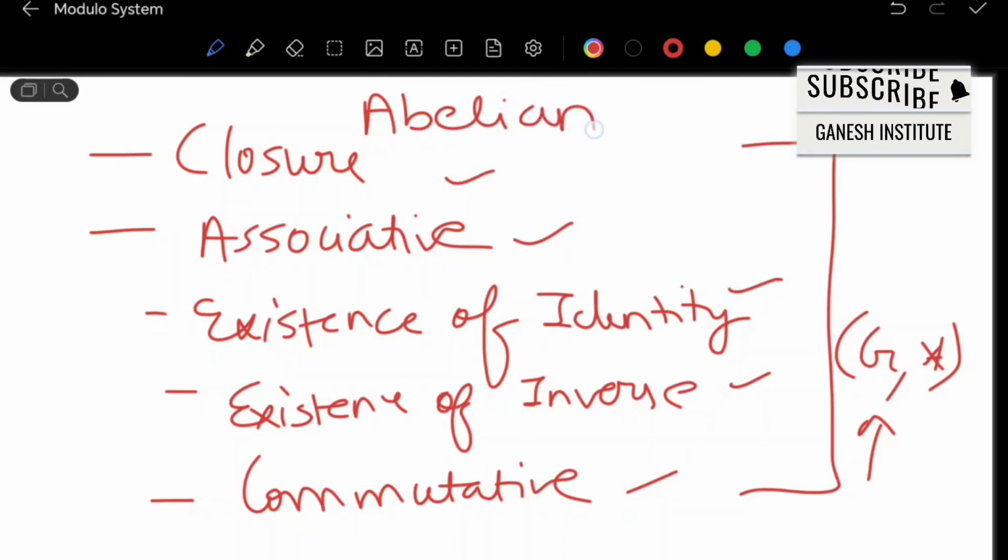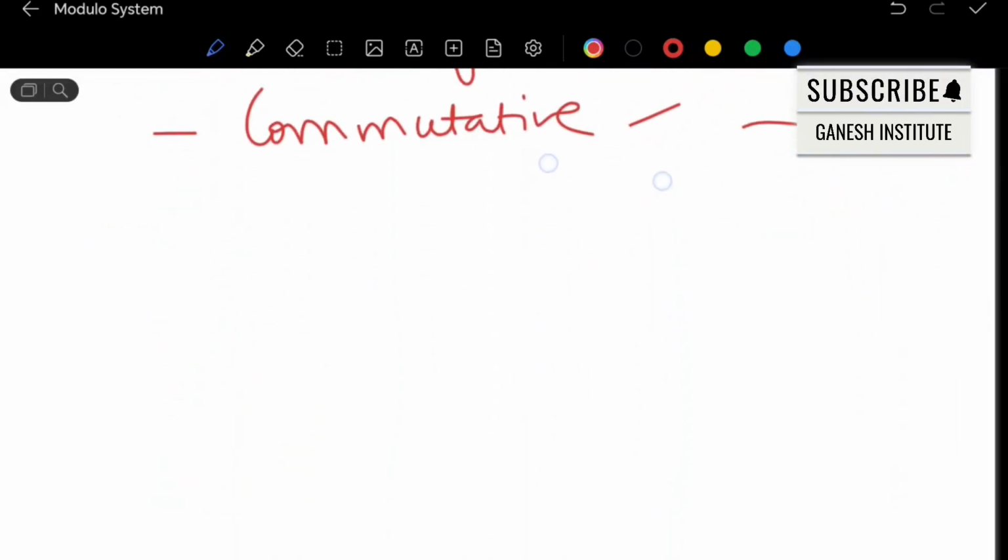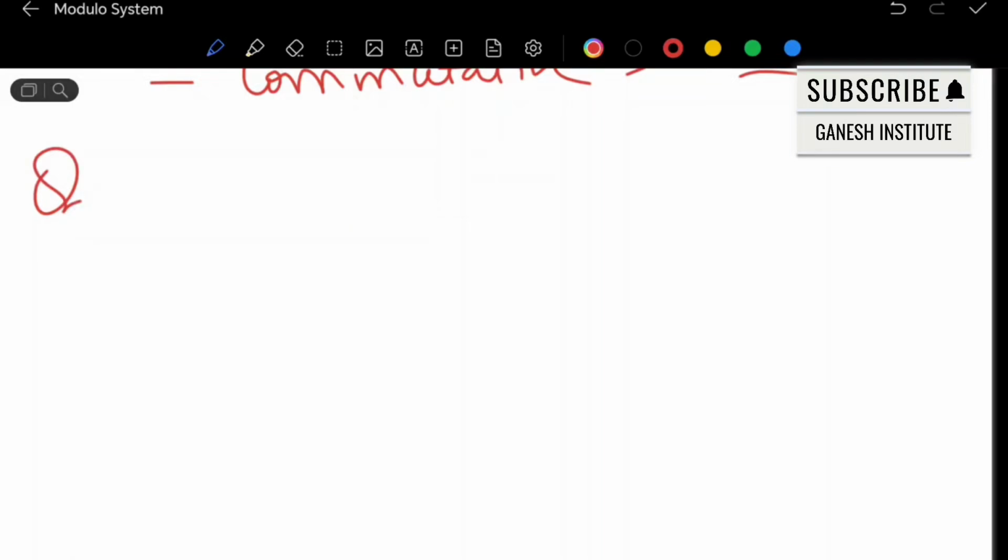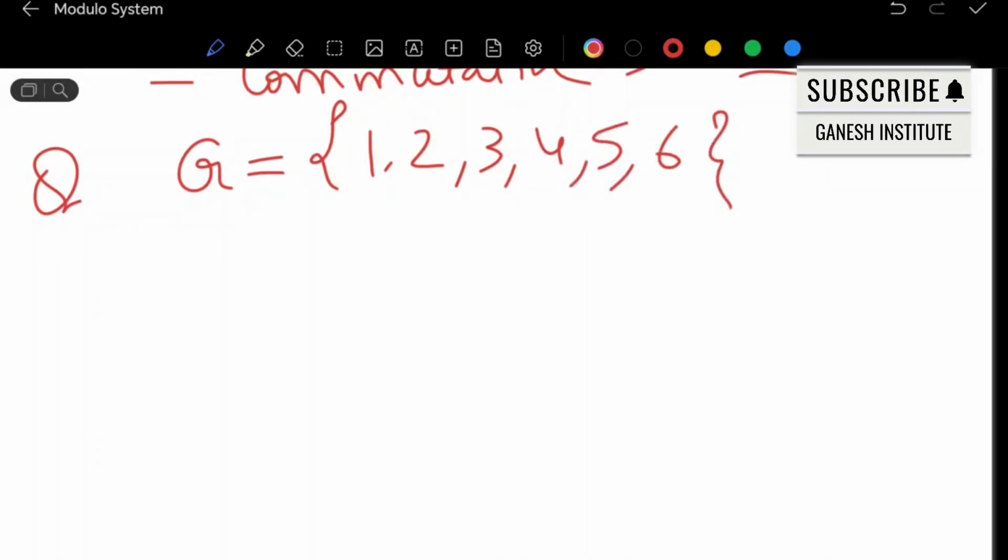Correct? Now I'm giving you a question as a blend of proving abelian group but using the modulo system. So the question is, you are given a set G. This is a finite set, so let me give you the elements also: 1 till 6.